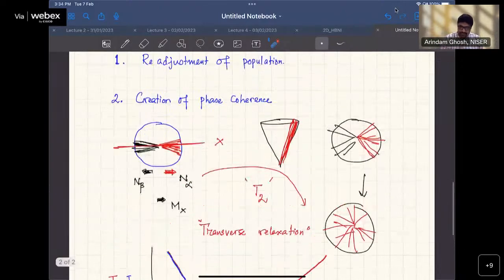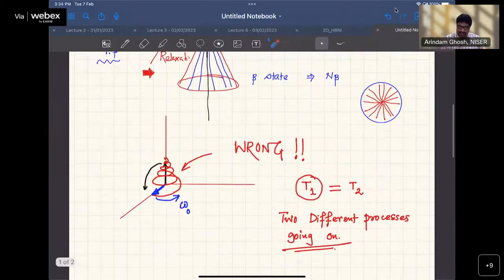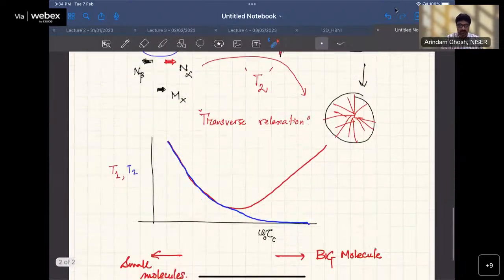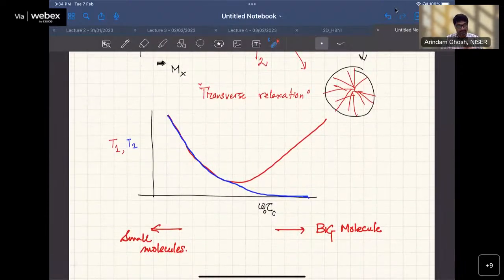So if T1 equals T2, you get this picture, although wrongly, that the time it takes the XY component to go to zero is the exact time it takes the Z component to build up. This wrong picture came because initially we had T1 equal to T2 for small molecules.